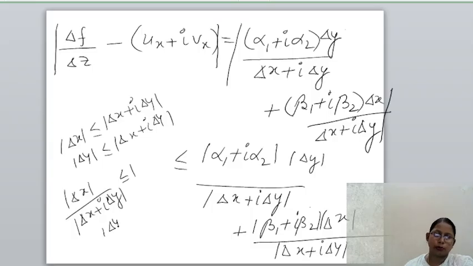Similarly, |Δy| divided by |Δx + iΔy| is less than or equal to 1.